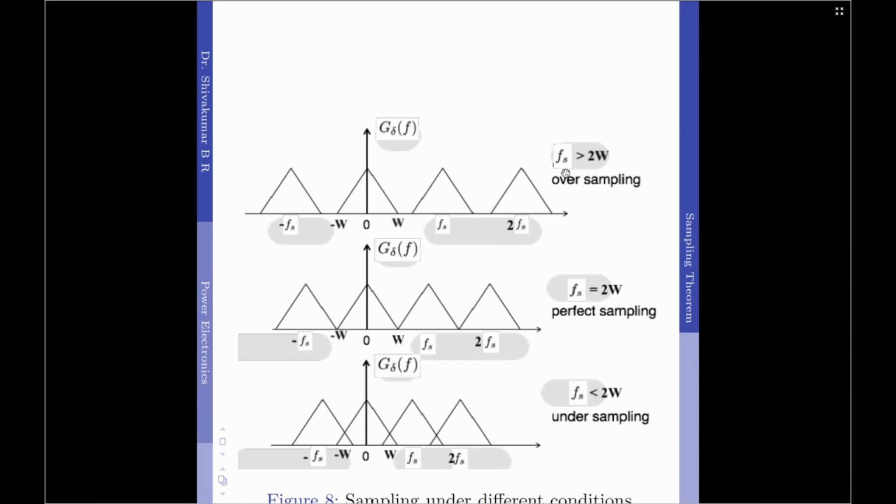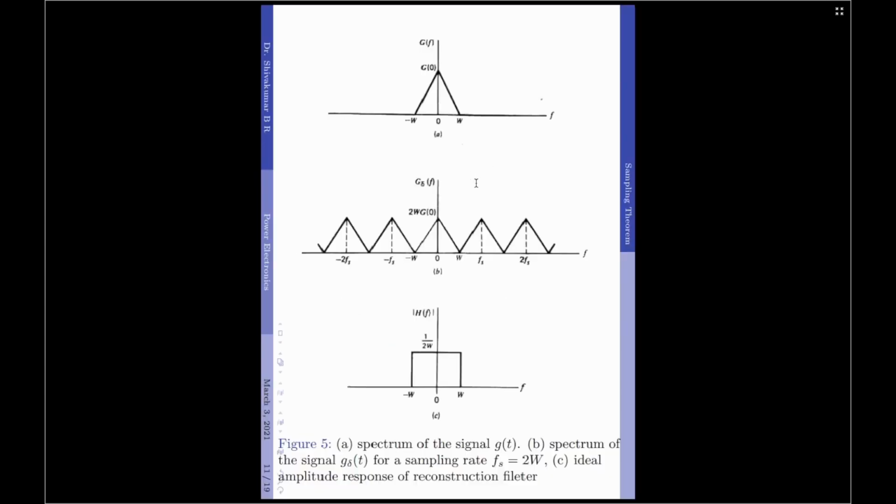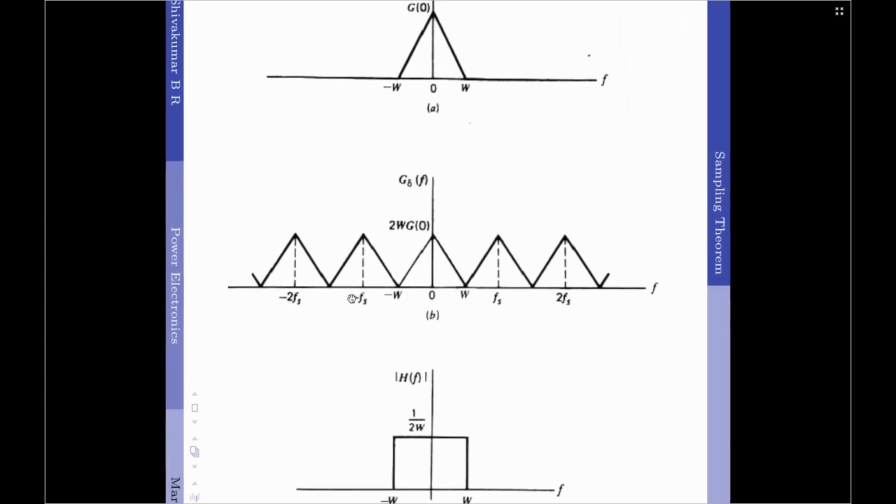That is, when the value of Fs, that is our sampling rate, is greater than 2W, which in fact is one of the most practical scenarios, then such a type of sampling is called as oversampling. On the other hand, if the sampling rate, which is Fs, is less than 2W, then this is called as undersampling. This in fact is correct because when I was showing the diagram for the sample signal spectra, you see the replicas of the spectra touch each other, but they do not either overlap nor create any gaps in between them.